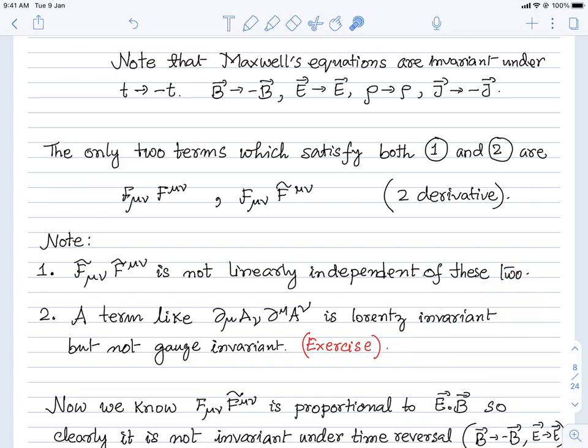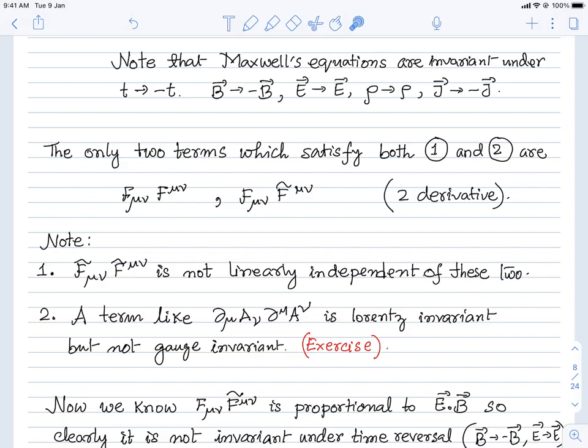Because of course apart from this thing, you could have asked whether I can write down some function of this term mu, right? This is something which we did for the scalar field. But that is not possible. That would be like a zero derivative term, so that would definitely be allowed if you were allowed to do that.